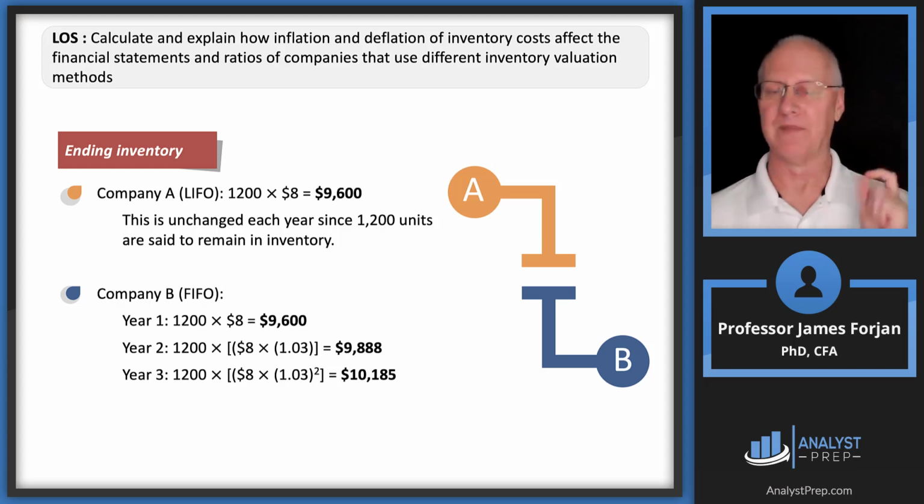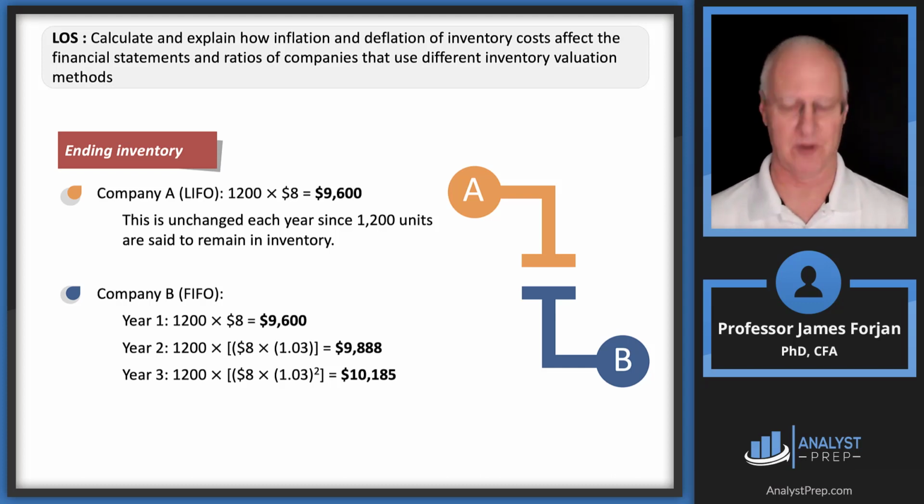And by the way, if I were crafting CFA Institute exams, what I would love to do, and I think I say this regularly enough, I love to combine different study sessions and different readings. So this is a great way to ask a time value of money question embedded in an inventory valuation question.